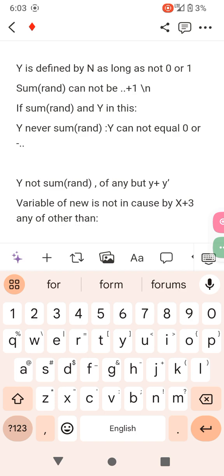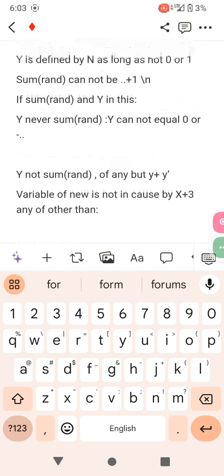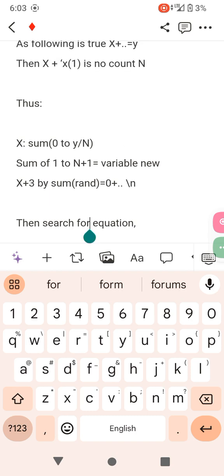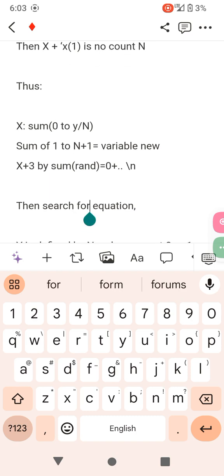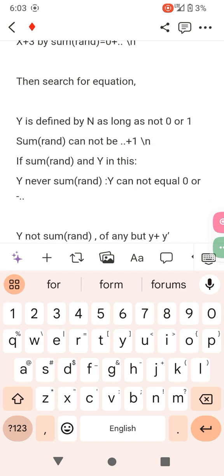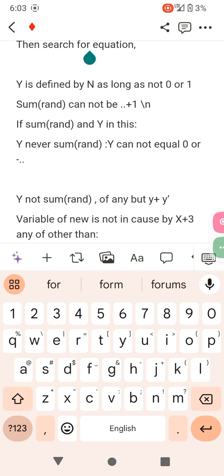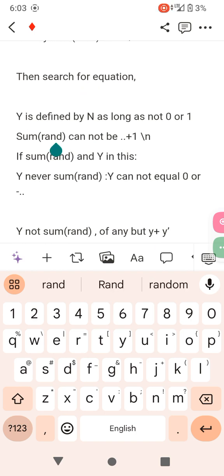Meaning if some random is never 0 and y in this is y never some random, because x plus 3 is defined by some random to only equate to 0 plus something, then if some random and y in this y never some random is of such idea that x cannot be some random plus something plus 1, meaning n.